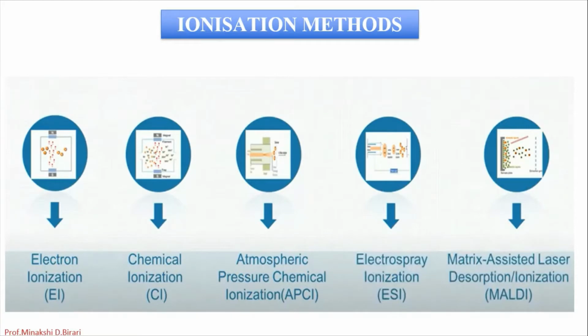Soft ionization techniques involve low energy, low fragmentation, but higher molecular ions. Here, electron impact ionization is a type of hard ionization technique due to the high energy of the electron impact. Now, let us see atmospheric pressure chemical ionization.